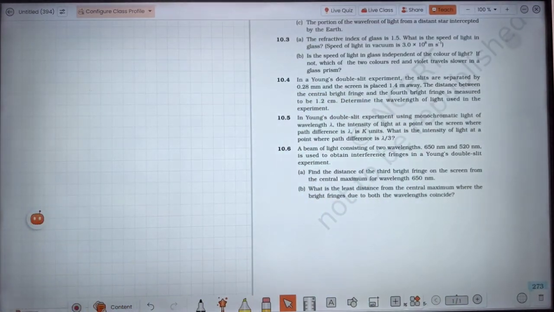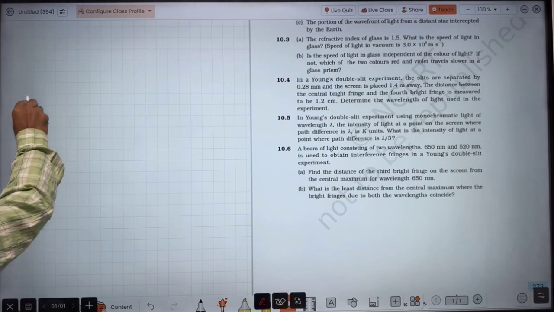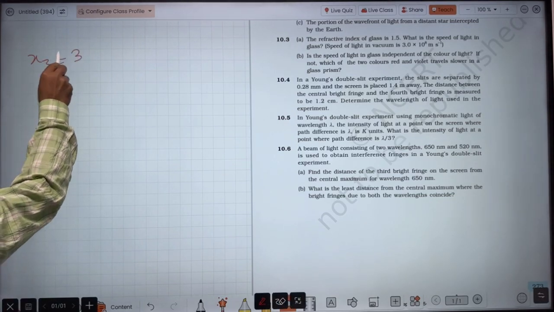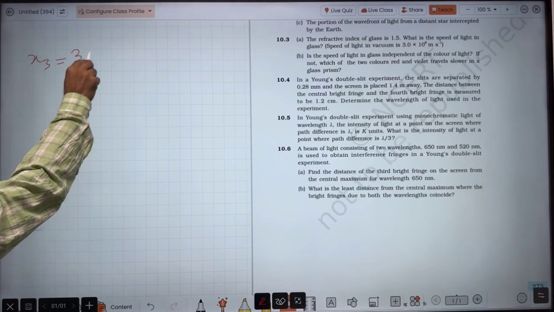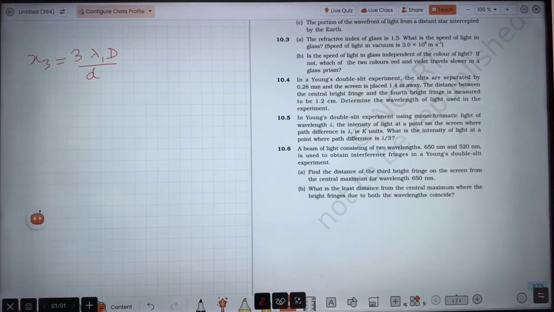So let's see this situation. Third bright fringe, so we can write x3 will be 3 times fringe width, that is lambda 1 D divided by d. Right. Now we can put the values.